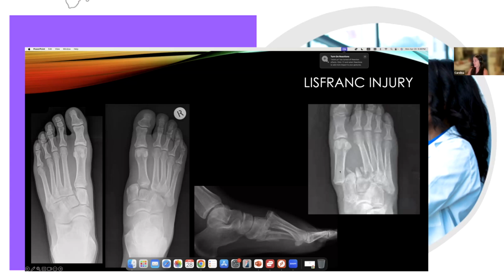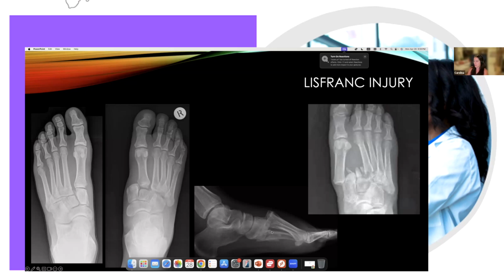But you could also have a divergent Lisfranc in which the first metatarsal goes in one direction, usually to the middle, and the rest just go to the lateral aspect of the foot. This is how you would see a Lisfranc injury in the lateral aspect, if that was the direction of the dislocation.